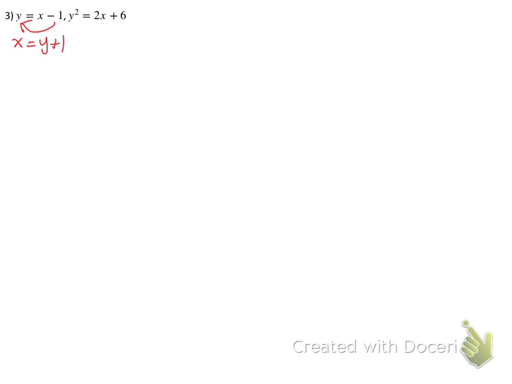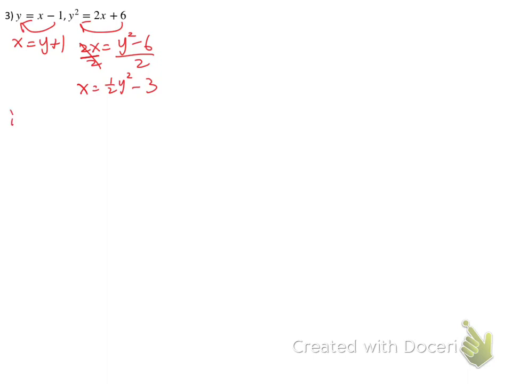And here, 2x equals y squared minus 6, and then I divide by 2. x equals 1/2 y squared minus 3. So I do have two functions of y.